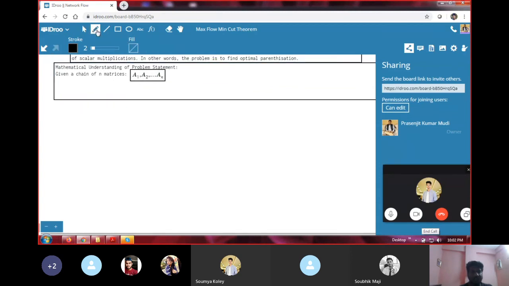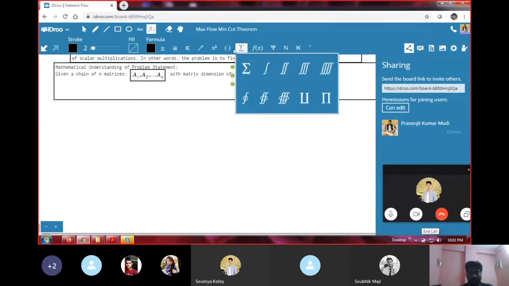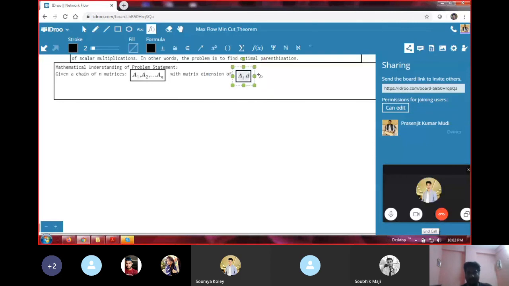So given a chain of n matrices, with matrix dimension of p_{i-1} cross p_i, for all i equal to 1, 2, up to n.